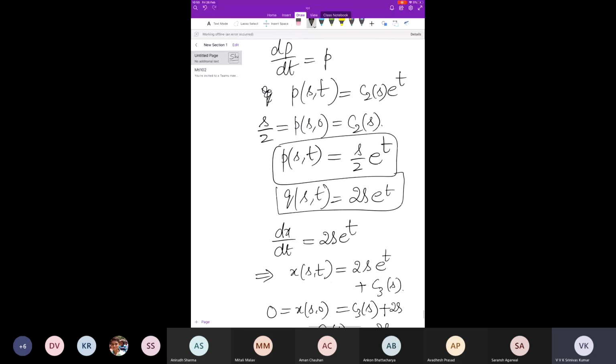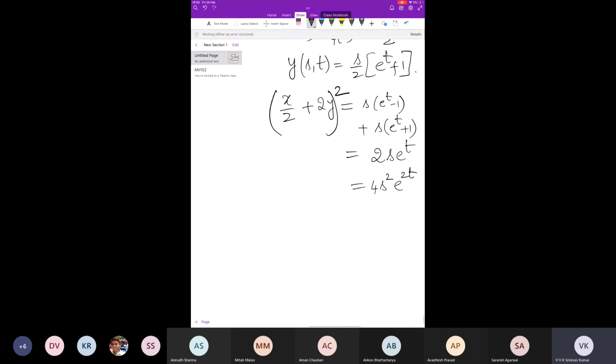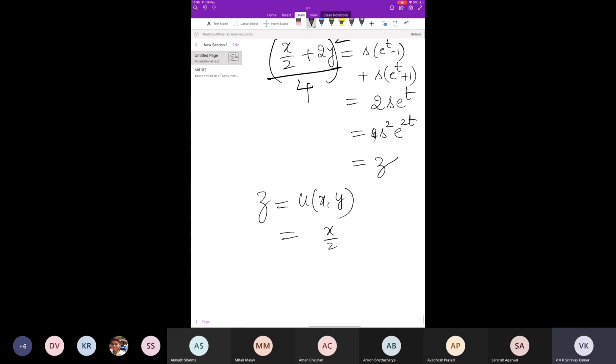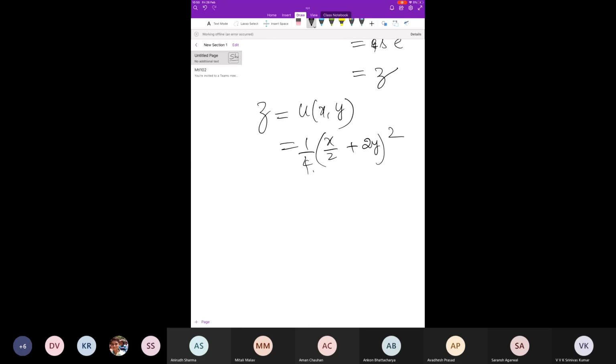Z is s square exponential 2t. So finally, z is equal to uxy is equal to x by 2 plus 2y whole square.